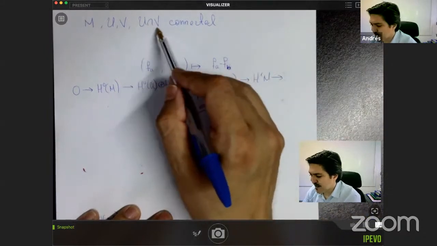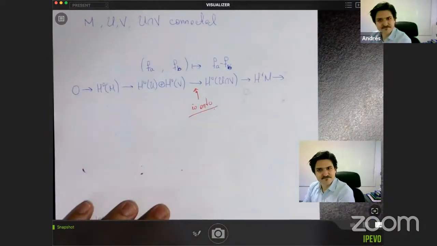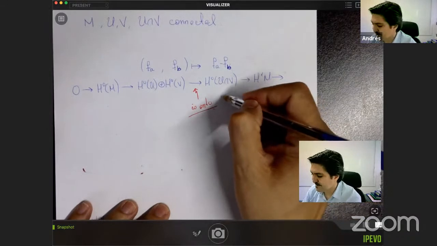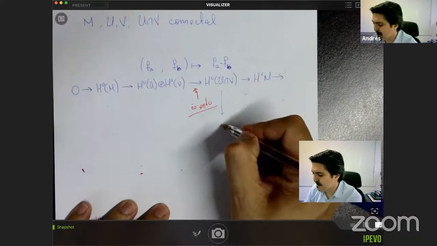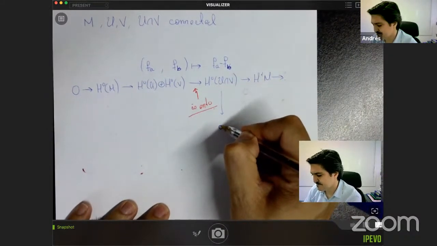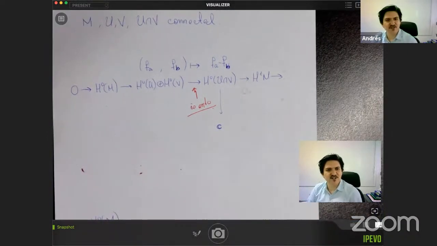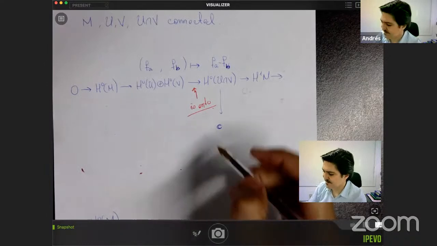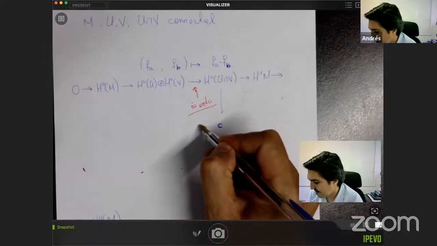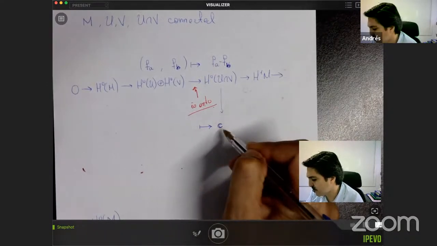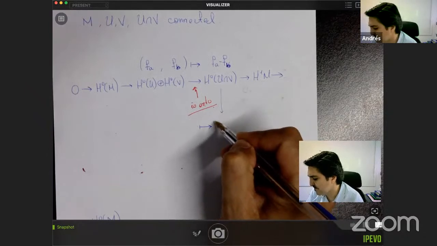So let's use this fact that this is connected. Take any constant. I have the constant function C on U intersection V. How can you assure me that this function is in the image?